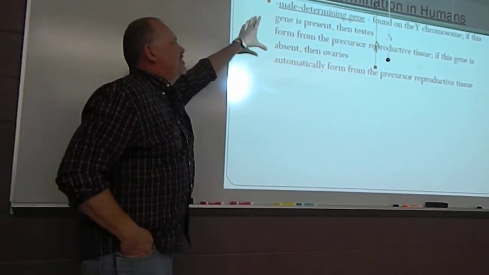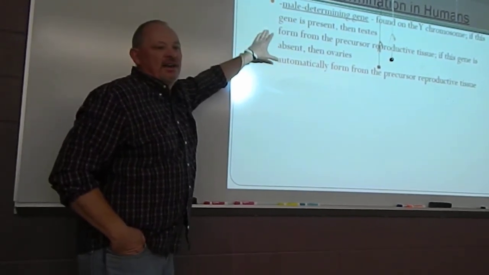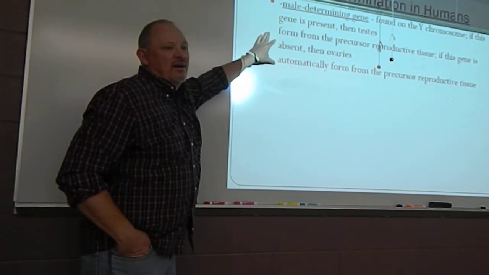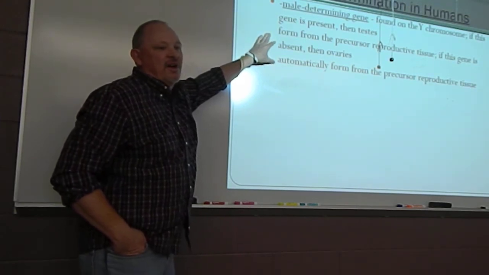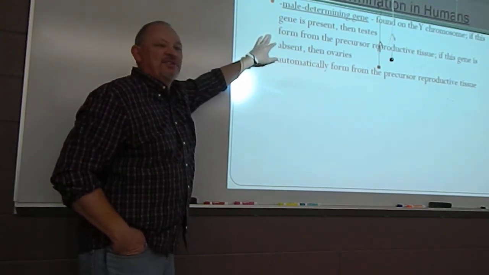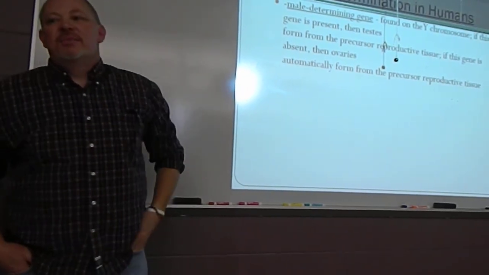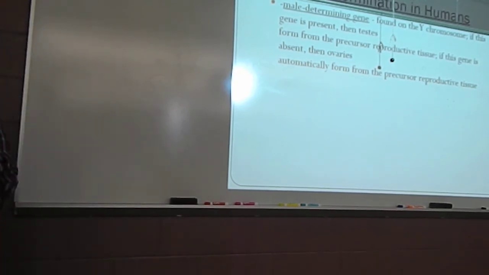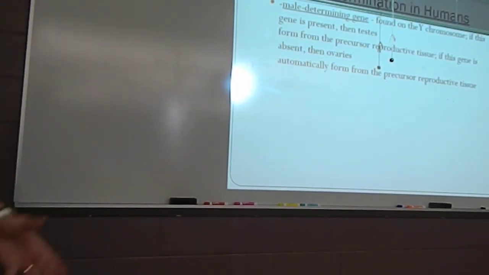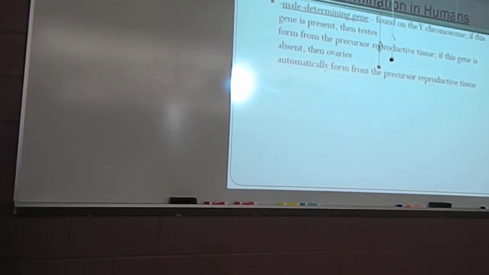And to that end, there is a gene on the Y chromosome, right? It's called the male determining gene, right? So during development, if that gene is present, then the reproductive tissue forms testes, all right? If that gene is not present, because there's an X there instead of a Y, then the reproductive tissue forms ovaries, all right?